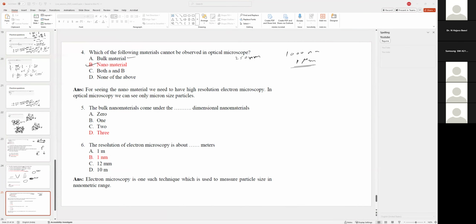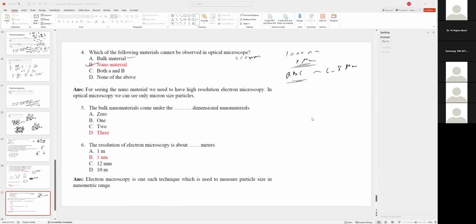No, a red blood cell itself, RBC, is around 6 to 8 micrometers. RBC is quite a large cell, but you can see red blood cells.